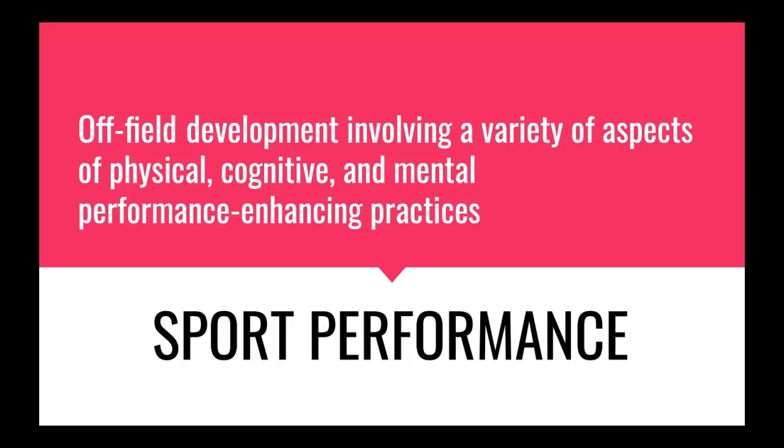Teaching in coaching, so teaching people strokes, teaching them about the game, changing and tweaking their technique, talking about strategy for gameplay and performance, that's on the court. Sport performance is all of the aspects that are off the court or off the field or off the track, wherever your competitive zone is. It's off-field or off-court development that involves a variety of aspects of physical, cognitive, and mental performance enhancing practices.